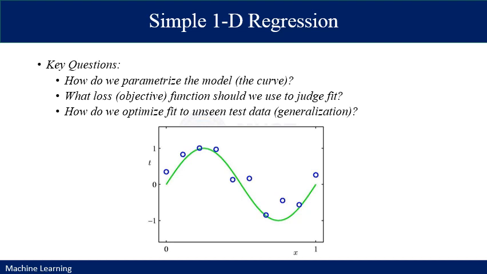Before starting the task on any of the examples, you have to ask a few questions. The first question is about the model: how do we parameterize the model, the curve? What learning algorithm should we use and what should be the parameters to that learning algorithm?